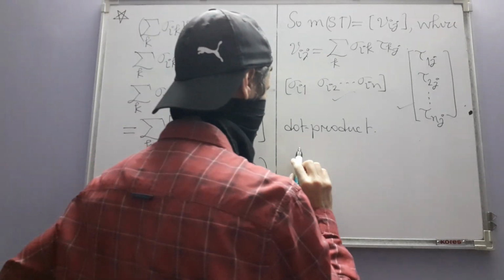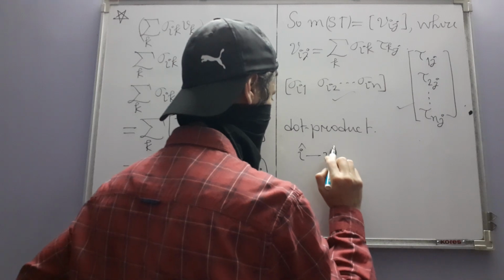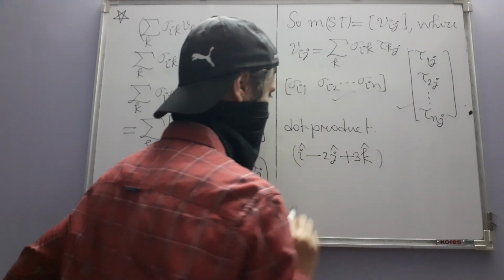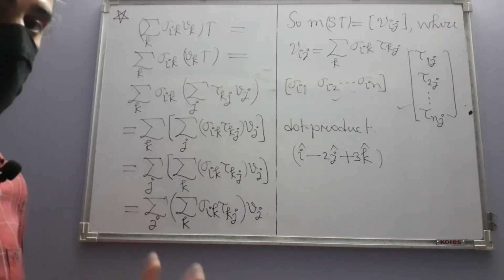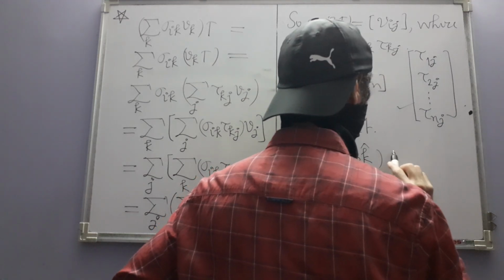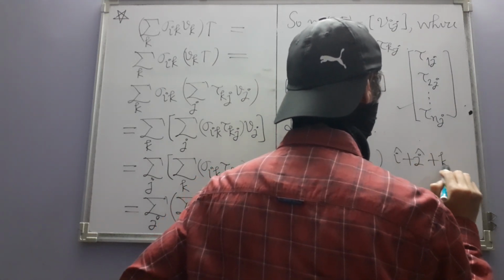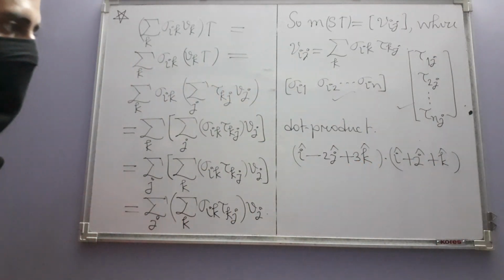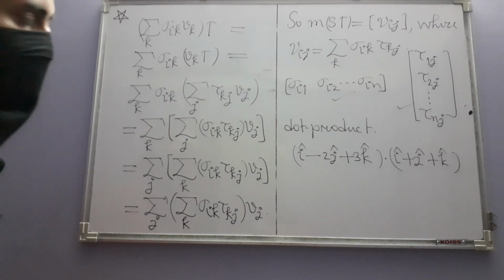Say you have two vectors i cap minus 2j cap plus 3k cap. Okay, I am talking about vectors that we know as vectors, actual physical vectors, and say i cap plus j cap plus k cap. Their dot product is calculated like how? There is a definition for the dot product.